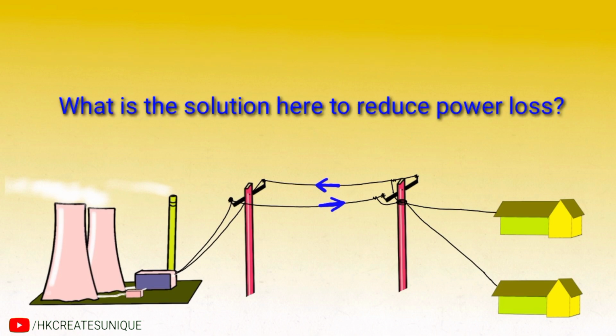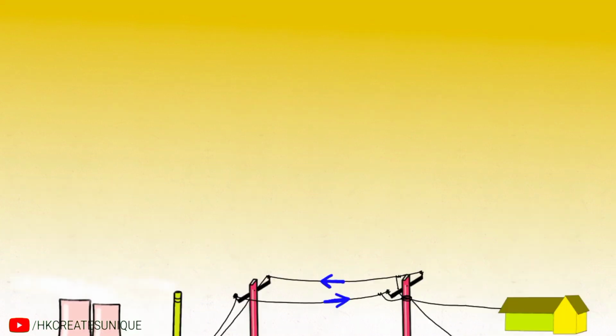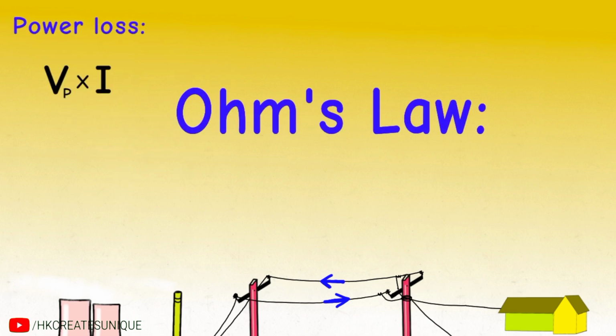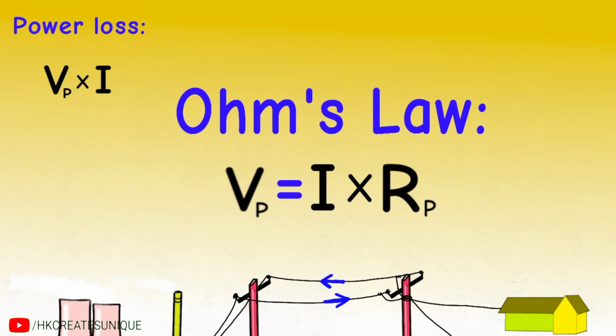So what is the solution here to reduce power loss? Here, power loss is equal to Vp multiplied by I. Also, by using Ohm's law, Vp is equal to current I multiplied by resistance of the power lines Rp.